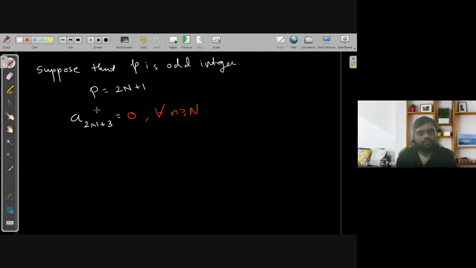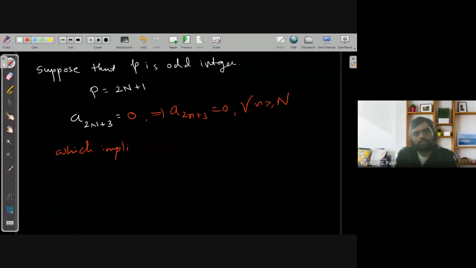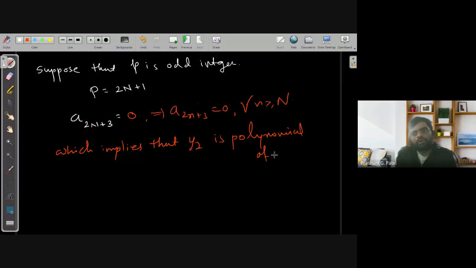From this, for all the further values, this will imply a 2n plus 3 will be 0 for every n greater than or equal to capital N. So in this case, what we can say is that y2 is a polynomial of degree 2n plus 1.